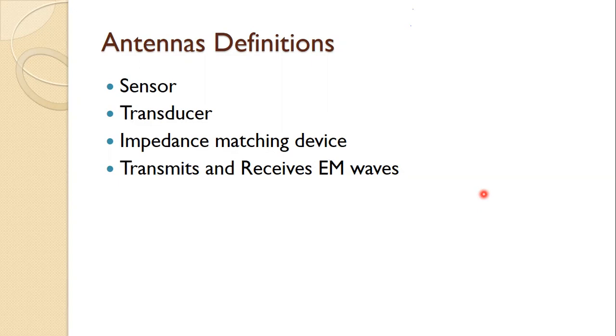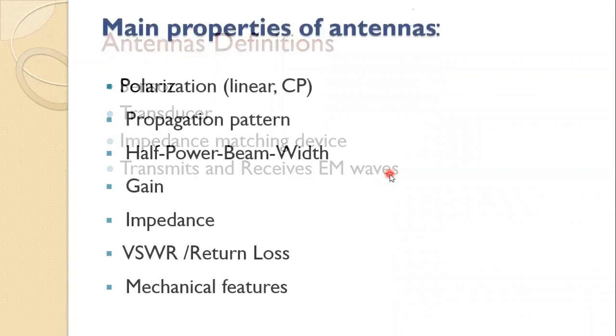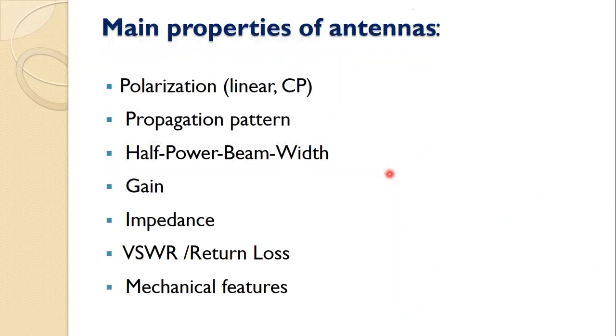We know the maximum power transfer theorem. In the maximum power transfer theorem, when the source impedance matches with the load impedance, then maximum power is transferred. So the antenna matches the impedance of the transmission line with the impedance of free space. Fourth, it transmits and receives electromagnetic waves, so it is performing a dual role.